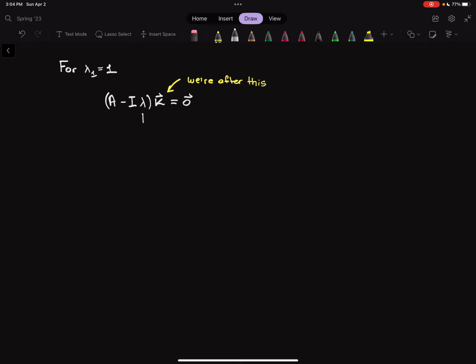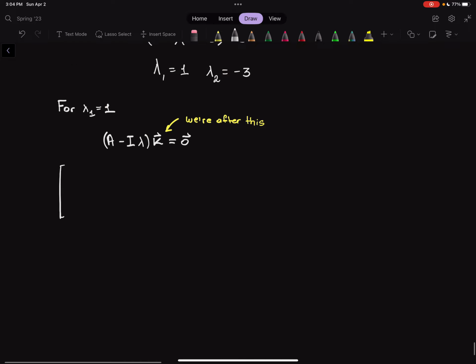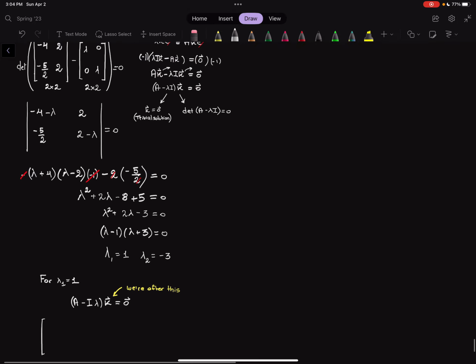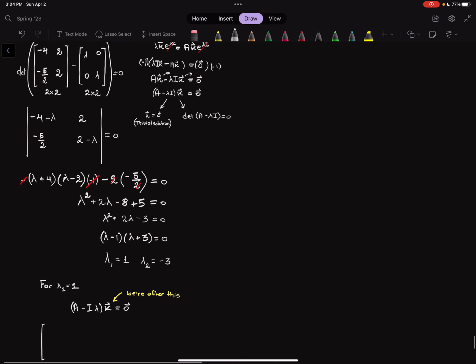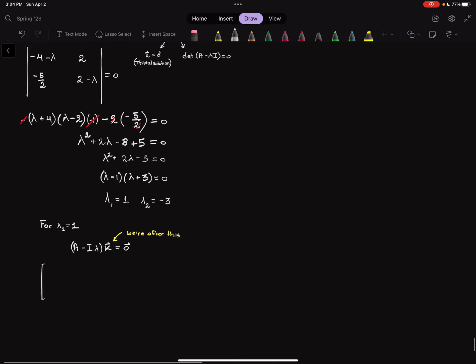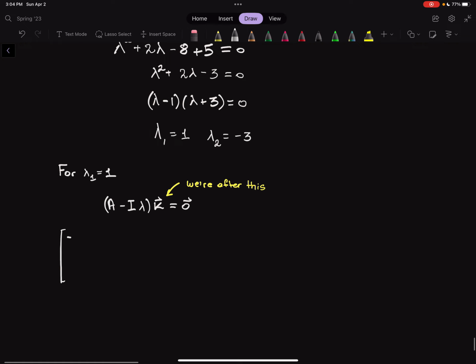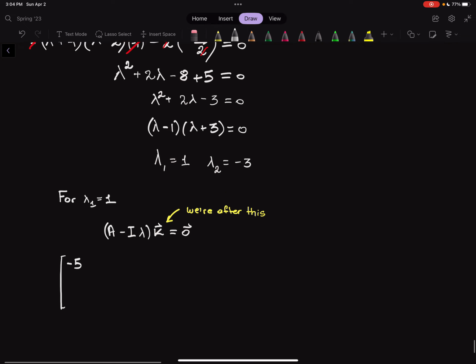Okay, so how do we do that? Well, if we know what lambda is now, we can plug it back in, and it's basically going to be that original matrix minus the lambda and the actual value of lambda. So we have lambda 1, so it's going to be -4 minus 1, which is going to be -5. Then we're going to have that 2 that stays the same.